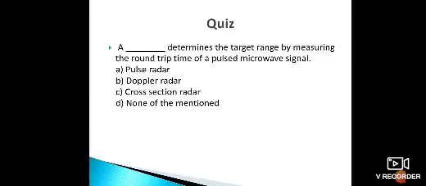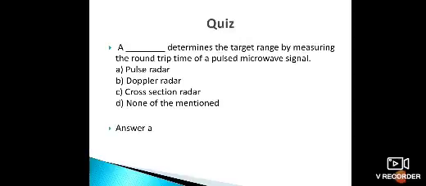A dash determines the target range by measuring the round trip time of a pulsed microwave signal: a pulsar radar, a Doppler radar, a cross section radar, or none of the mentioned. So which type of radar is used? The first one, pulsar radar. Why? Because I have told you about pulsar radars.